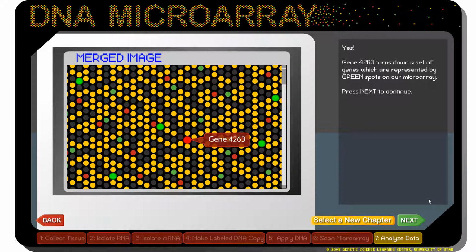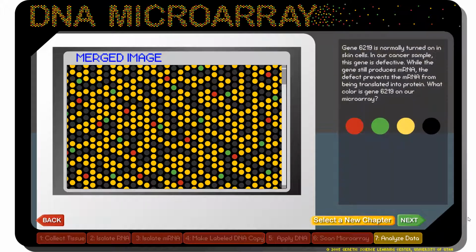On the other hand, we have gene 6219 here that is turned on in normal skin cells, but it was defective in a cancer cell. Of course, it will still look green because it can still produce the mRNA in healthy cells. In cancer cells, even if it's defective, it will still be turned on.